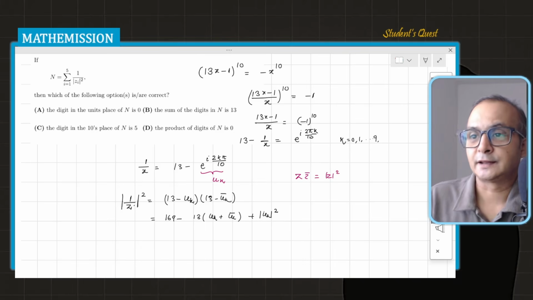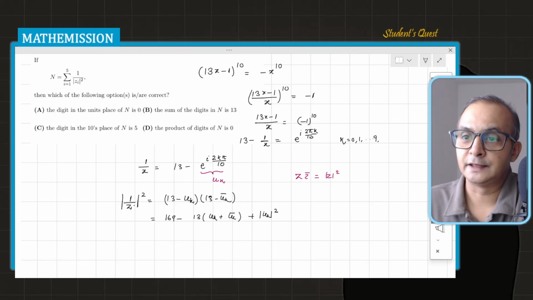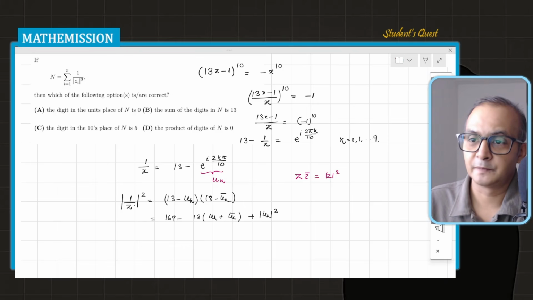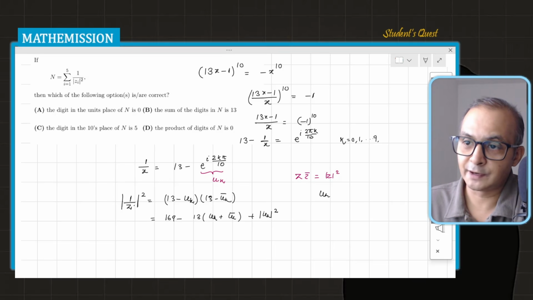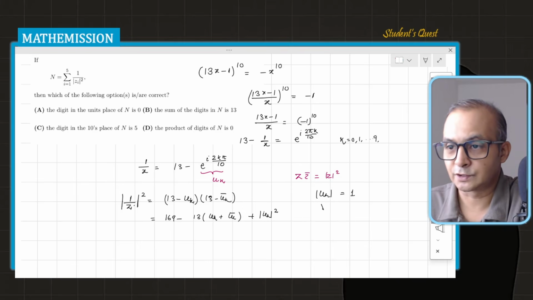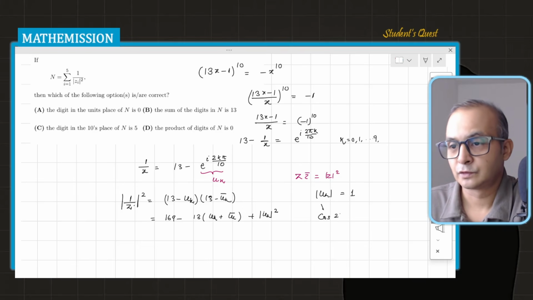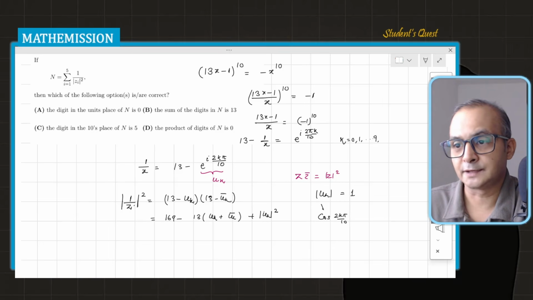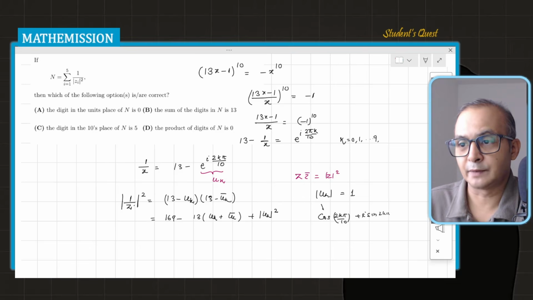You notice that this uk I have taken here purposefully. The magnitude of uk is nothing but 1, because it is e to the power i 2k pi by 10, which can be written as cosine of 2k pi by 10 plus i sine of 2k pi by 10.